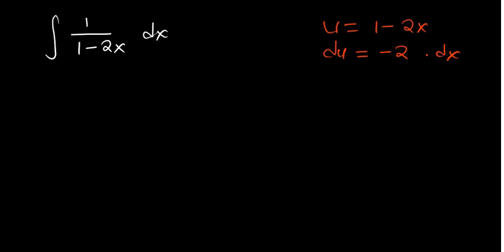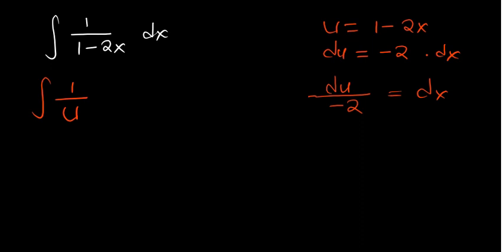Okay, so the dx of course just shows us that we've differentiated in respect to x. So let's make the same dx a subject. So du over negative 2 is equal to dx, right? So here we're going to have the integral of 1 over our u, since our 1 minus 2x is equated to u, right?